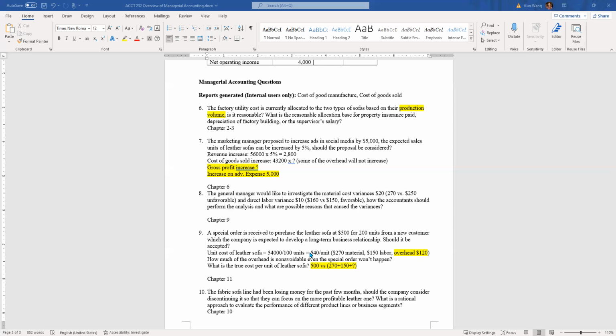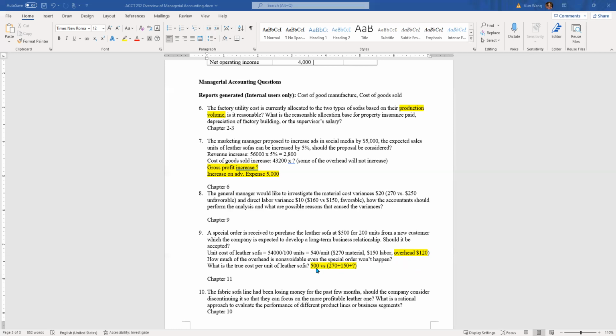So to decide whether this $500 pricing is acceptable or not, we need a more detailed analysis of the overhead. Once we break down this $120 and find out the unavoidable overhead, we can add it to the material and the labor.